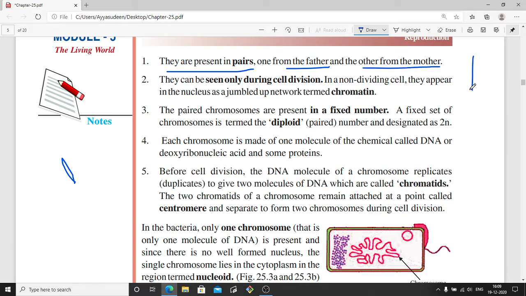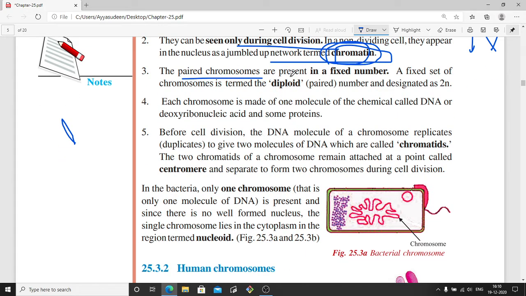They can be seen only during cell division. In a non-dividing cell, they are in the nucleus, but in a jumbled up network termed chromatin. Only during cell division can they be seen separated.